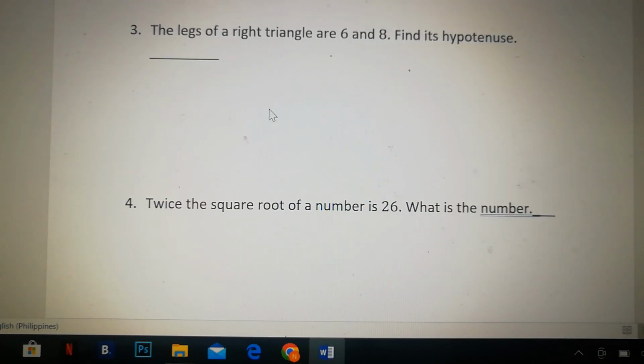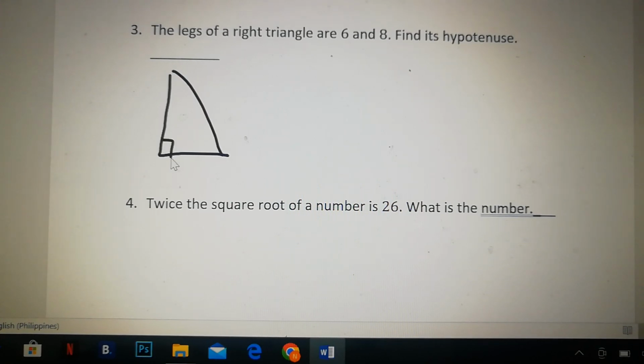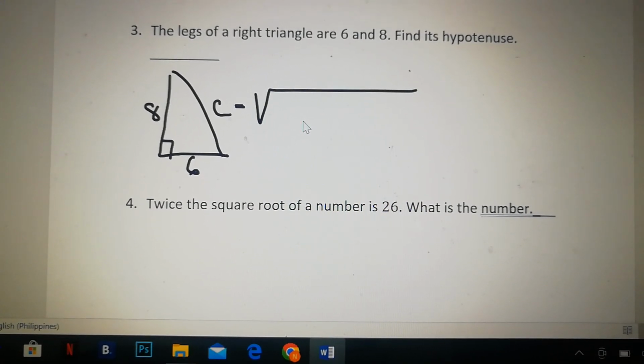Okay, so next: the legs of a right triangle are 8 and 6. Find its hypotenuse. So let's see, find the hypotenuse c. c is equal to the square root of the sum of the squares of the two legs. 6 squared plus 8 squared.